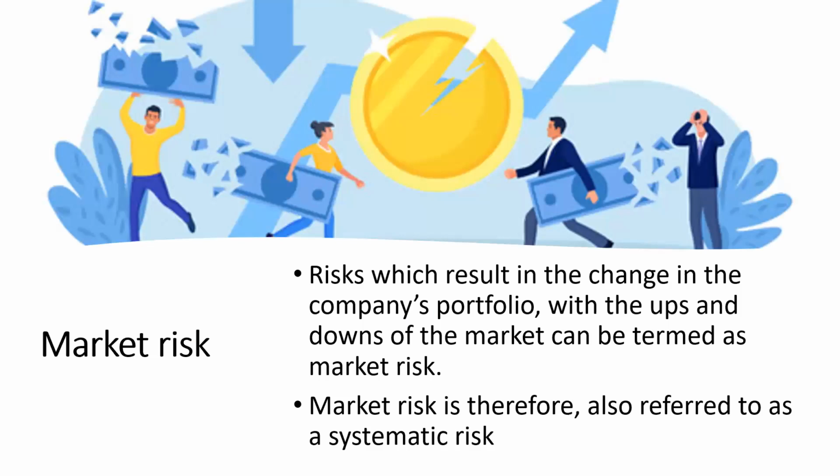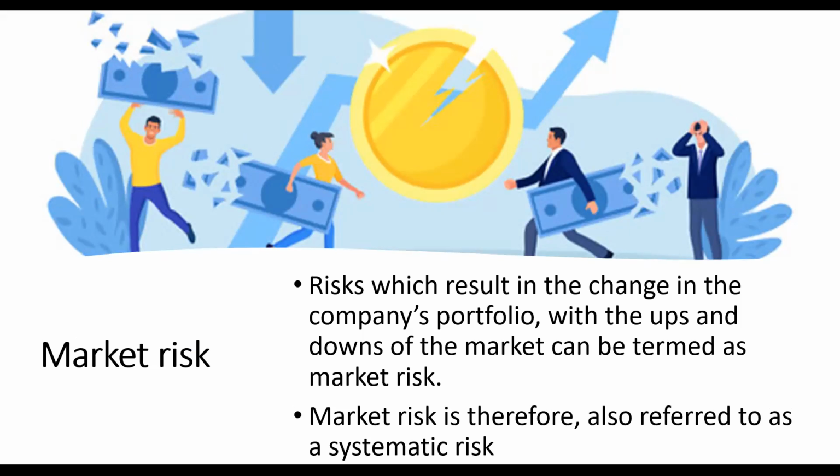What is market risk? Market risk is a risk which results in changes in the company's portfolio with the ups and downs of the market. So here what happens is basically the company's portfolio will change, and you can also find there are a lot of ups and downs in the market.